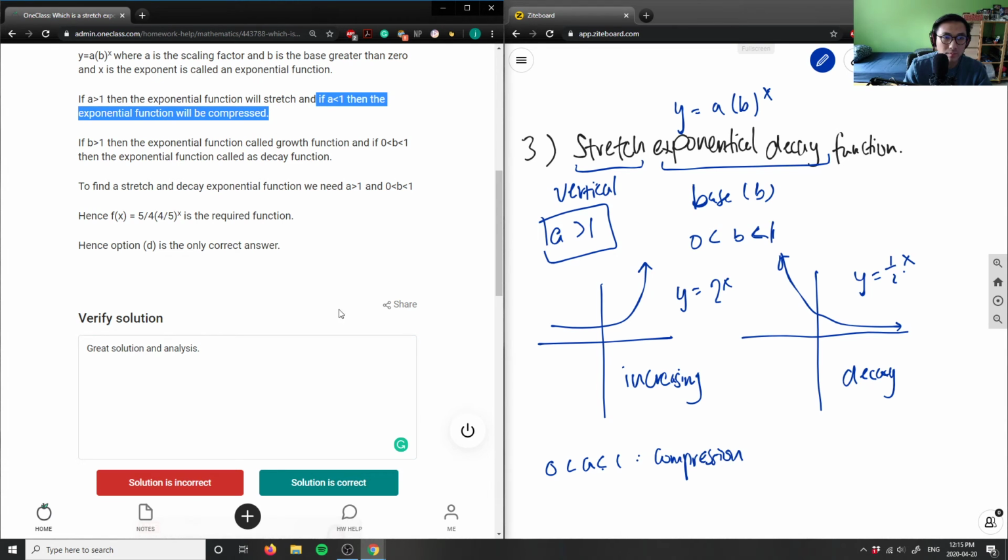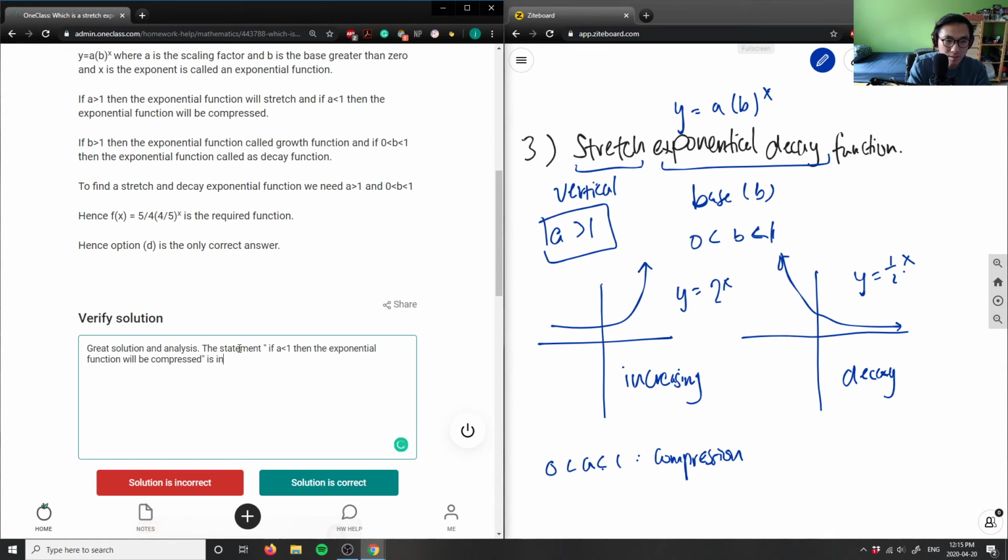The statement here is incorrect. It's incorrect because A has to be between 0 and 1 for a vertical compression. Vertical compression exists when it's between 0 and 1 here, not just A less than 1, because if it's a negative integer, then you get a reflection, right?